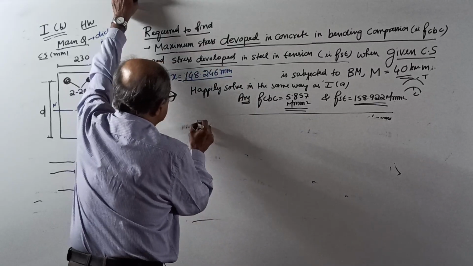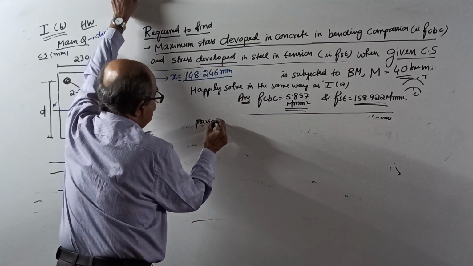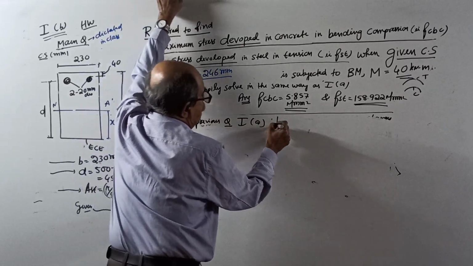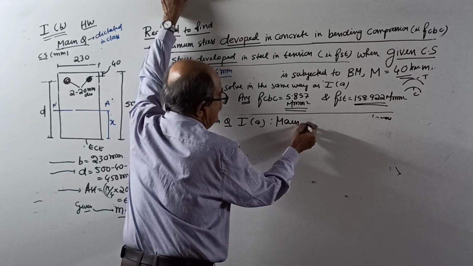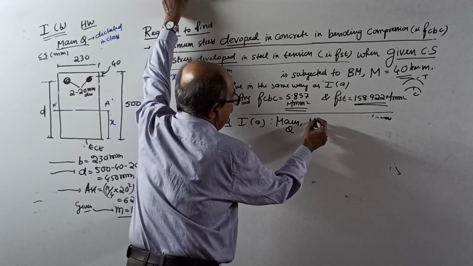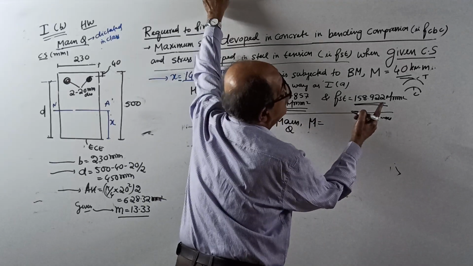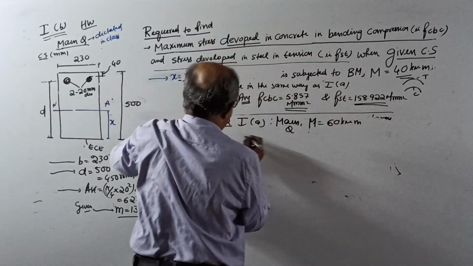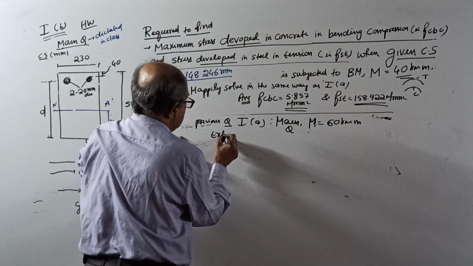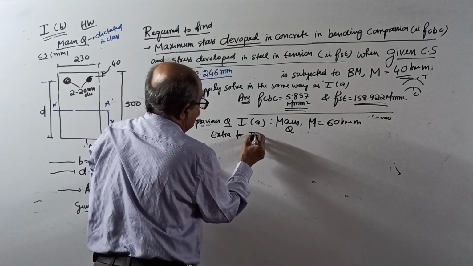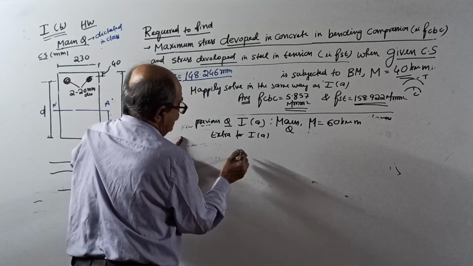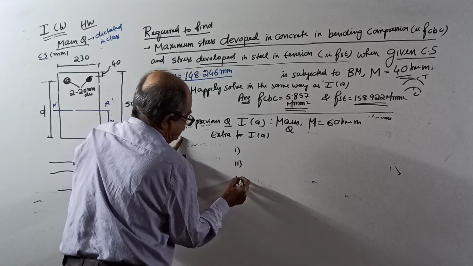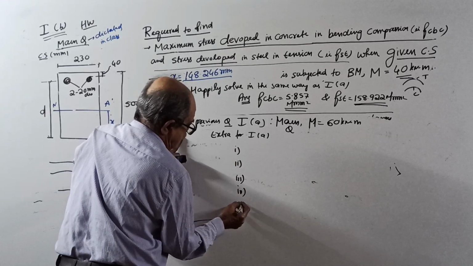See, the previous question, that is Roman 1A. Main question is M equal to 60 kilonewton meter. Already over last time. Now, extra questions for Roman 1A: Extra 1, extra 2, extra 3, extra 4, extra 5.